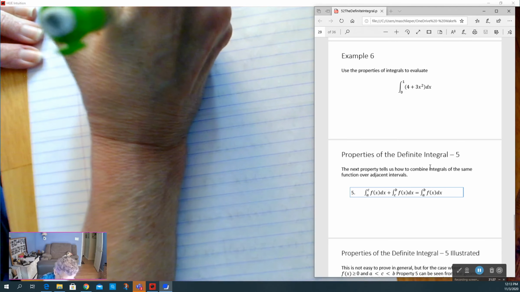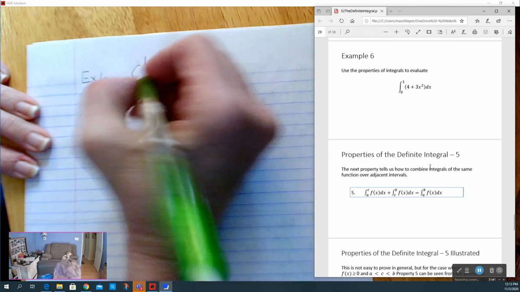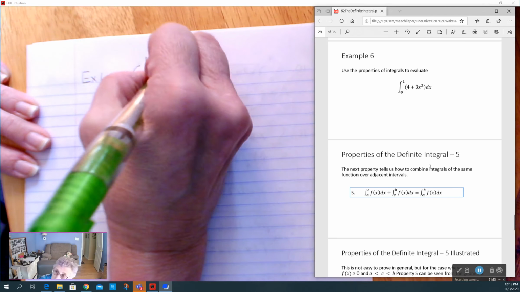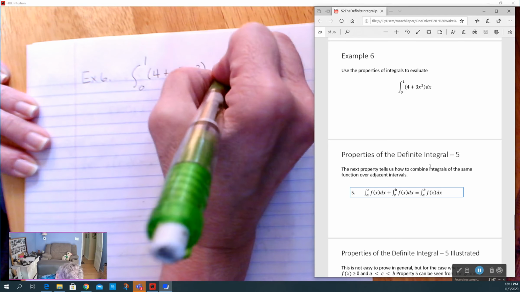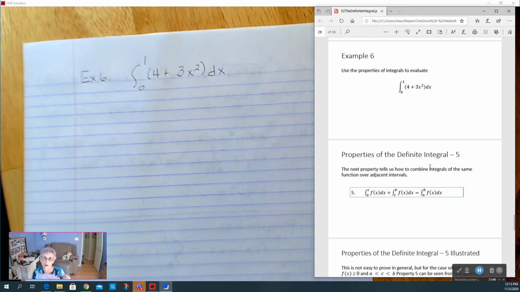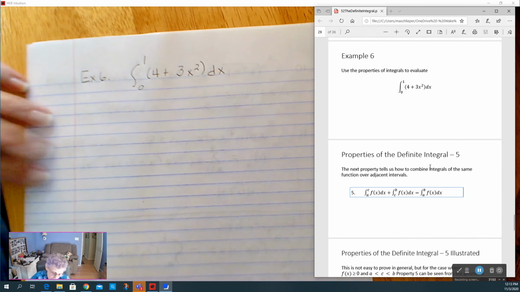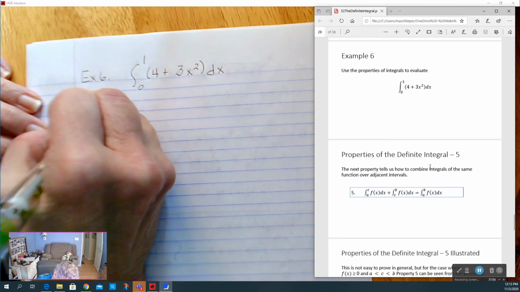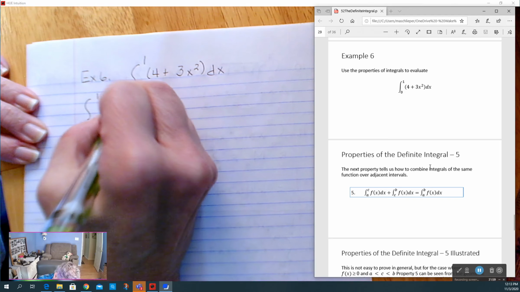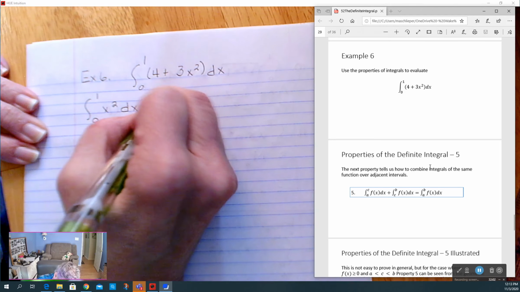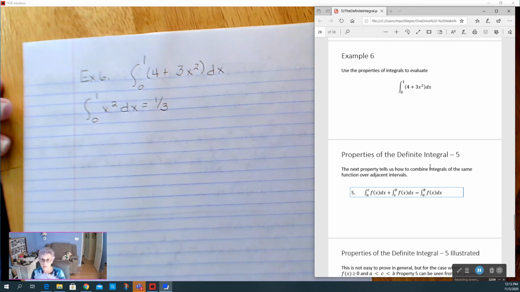So we have the integral from 0 to 1 of 4 plus 3x squared dx. Now this depends upon something that we calculated in the last section, the fact that the integral from 0 to 1 of x squared is equal to 1/3.